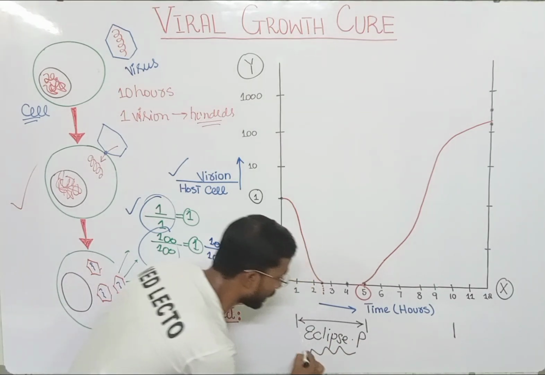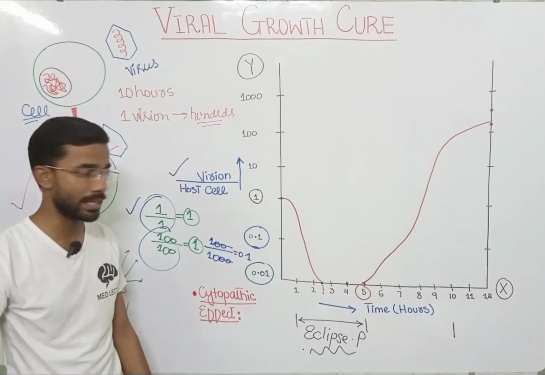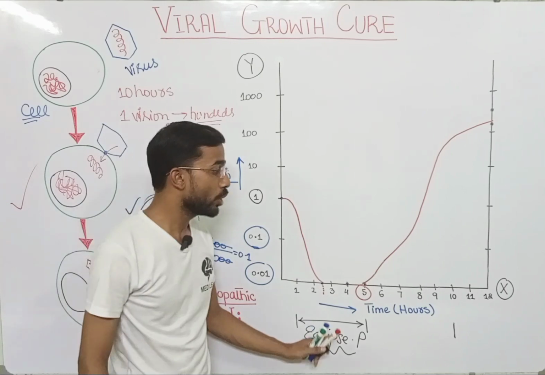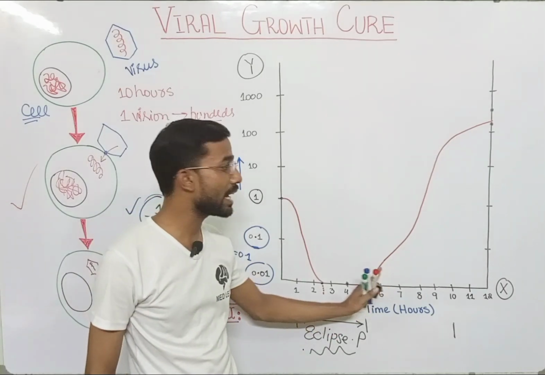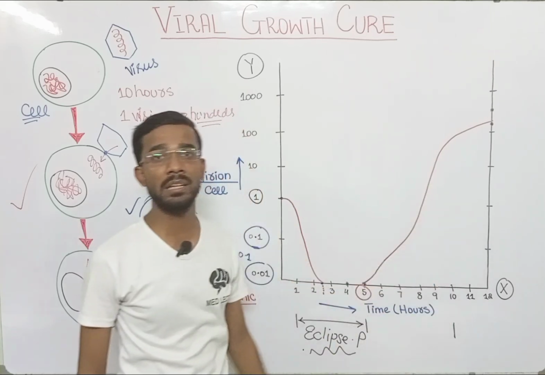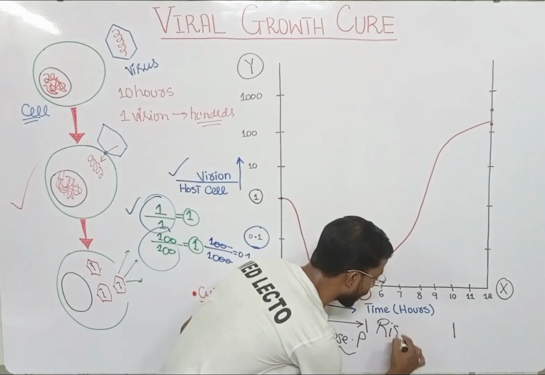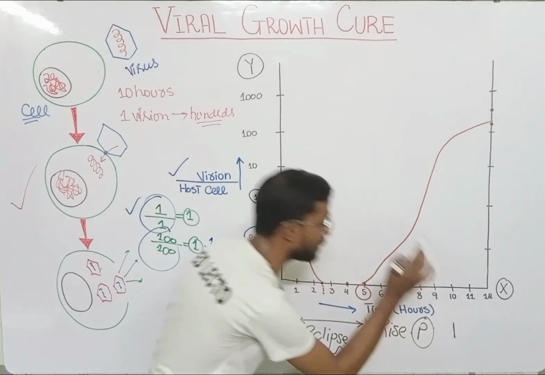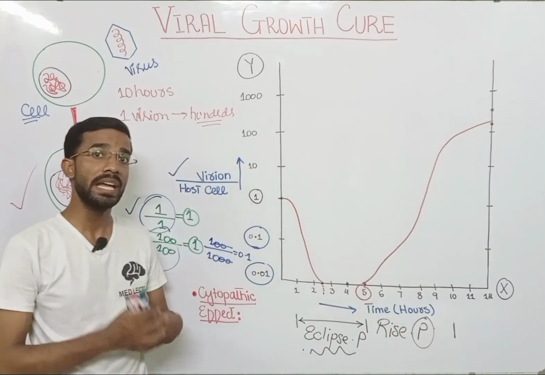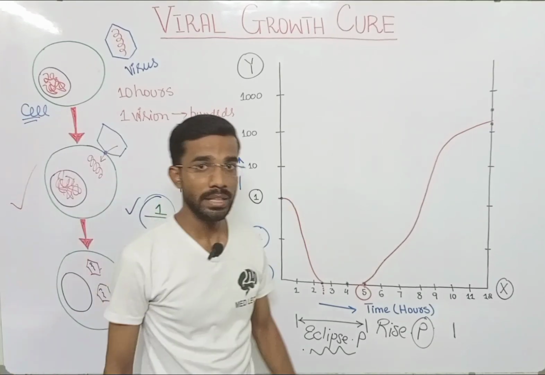After that, you will suddenly see an increment in the number of virions with the passage of time. This is the second phase, and that's why it is called the rise period, in which you see the increment in the number of viruses.